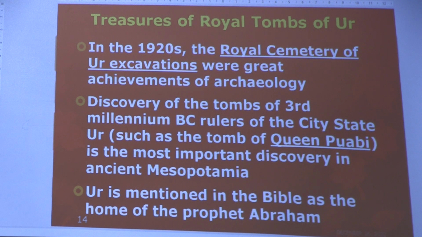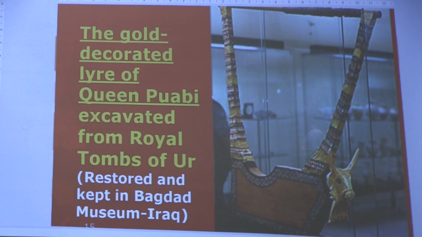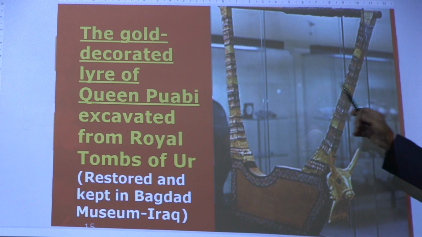They discovered a tomb, a monumental grave, of a queen. Her name is Queen Puabi. She was the ruler of Ur, the city-state of Ur. She was the king or queen. And they were lucky to recover lots of golden materials, like this gold decorated lyre of Queen Puabi.